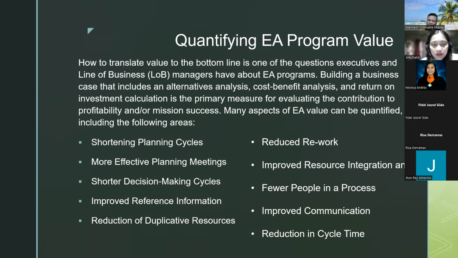For the more effective planning meeting, EA information allows for the presentation of a common baseline of planning and reference information. It reduces ambiguity and increases level of common understanding.